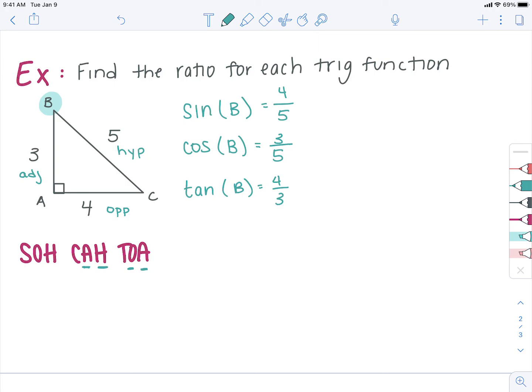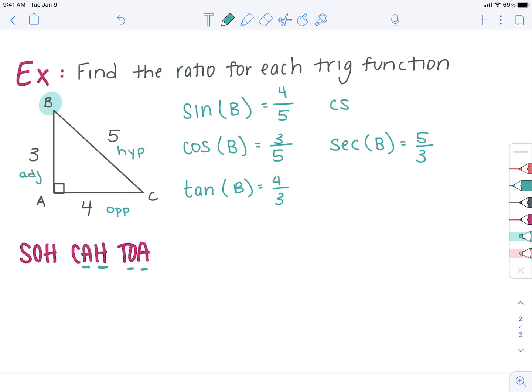So now I have two options. If I want to find my reciprocal trig functions, I can just use the triangle and remember that my secant is my hypotenuse over my adjacent. Or I can remember, okay, secant is the reciprocal of cosine. So if I want to find the secant of B, I just have to take my cosine fraction and flip it over.